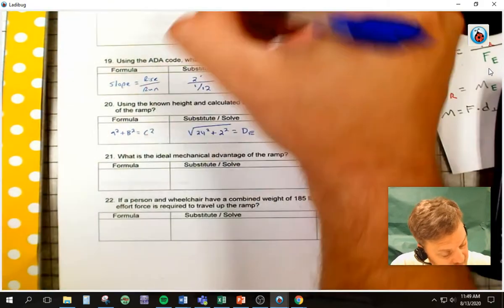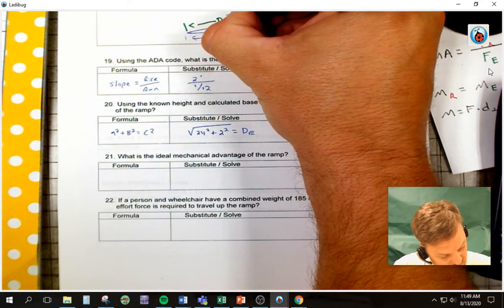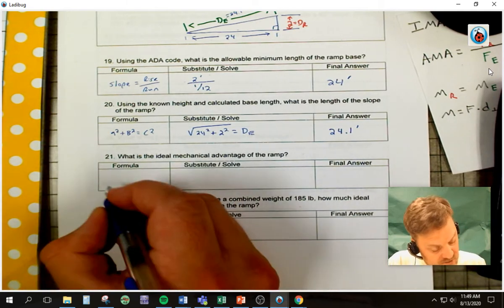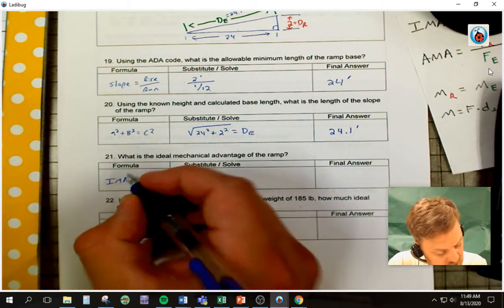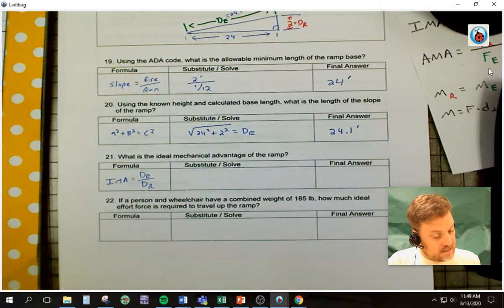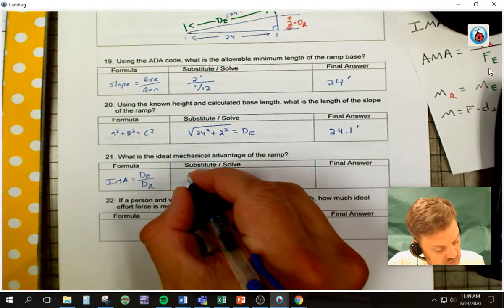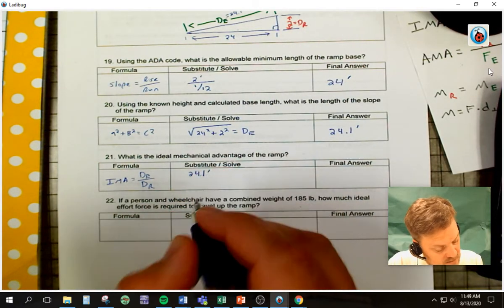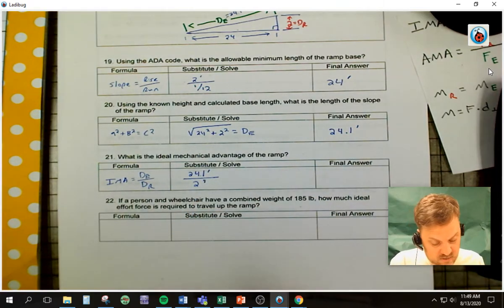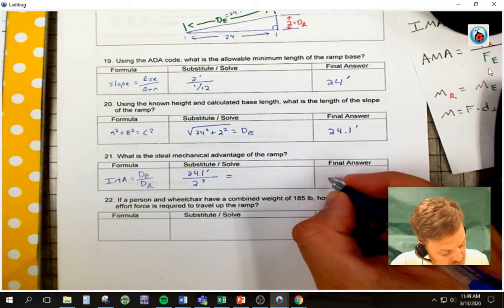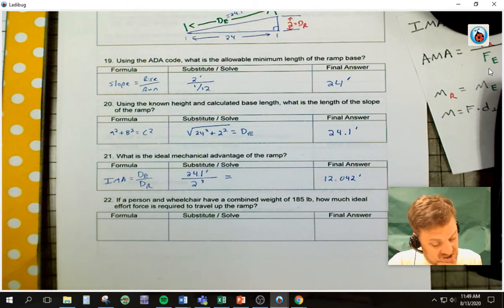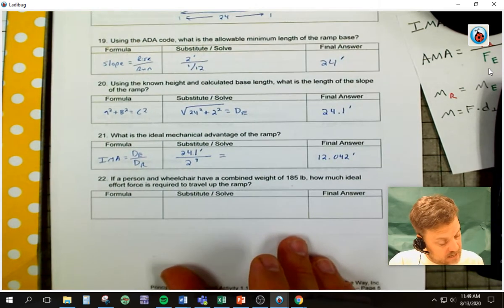Now, if I wanted to come back up here and label that, I could say 24.1 feet. Now, what is the ideal mechanical advantage of the ramp? IMA is equal to distance effort over distance resistance. And I look at this and I go, well, what's my distance effort? 24.1 feet. What's my distance resistance? 2 feet. So that gives you 12.042 feet is your IMA.